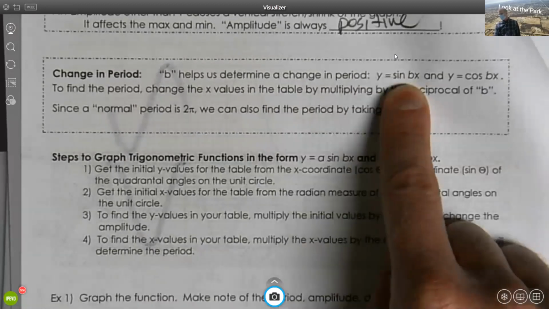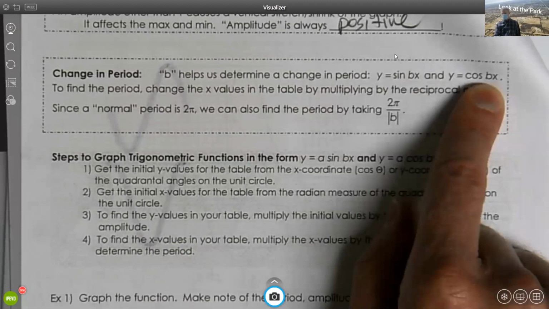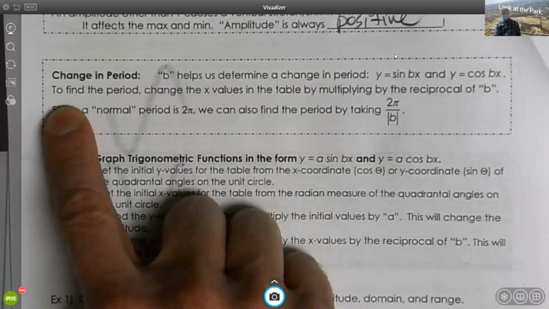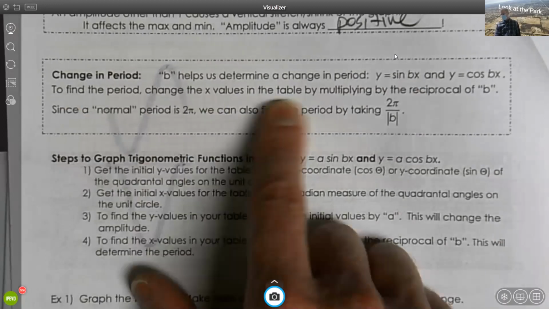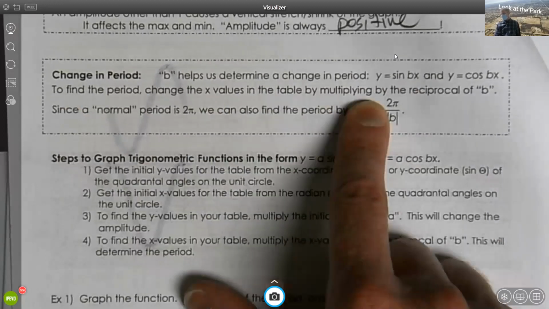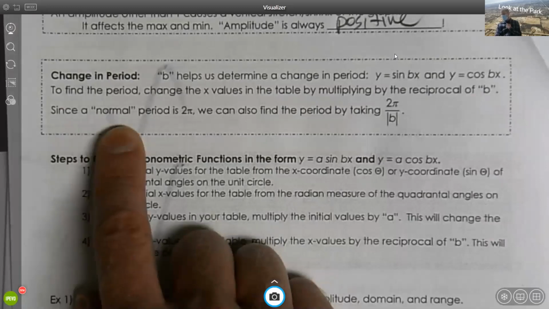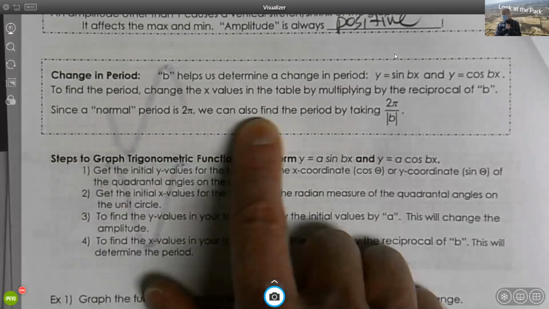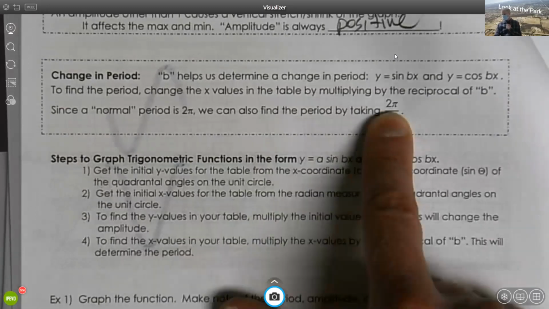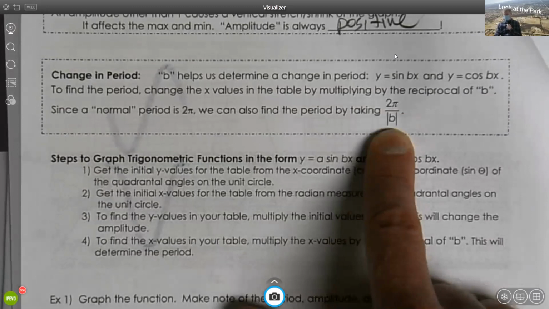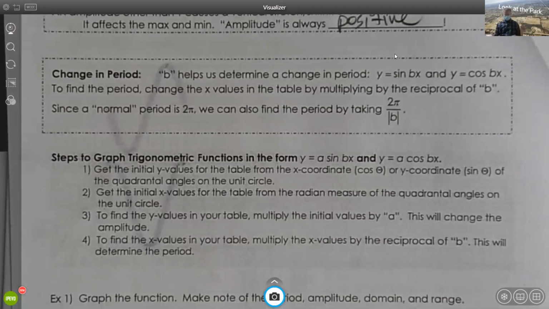The B is in front of the X for both sine and cosine. To find the period, change the X value in the table by multiplying it by the reciprocal of B, and that'll give us our new values. And since a normal period is 2 pi, we can also find the period by taking 2 pi divided by B. That will give us what the period amount is.